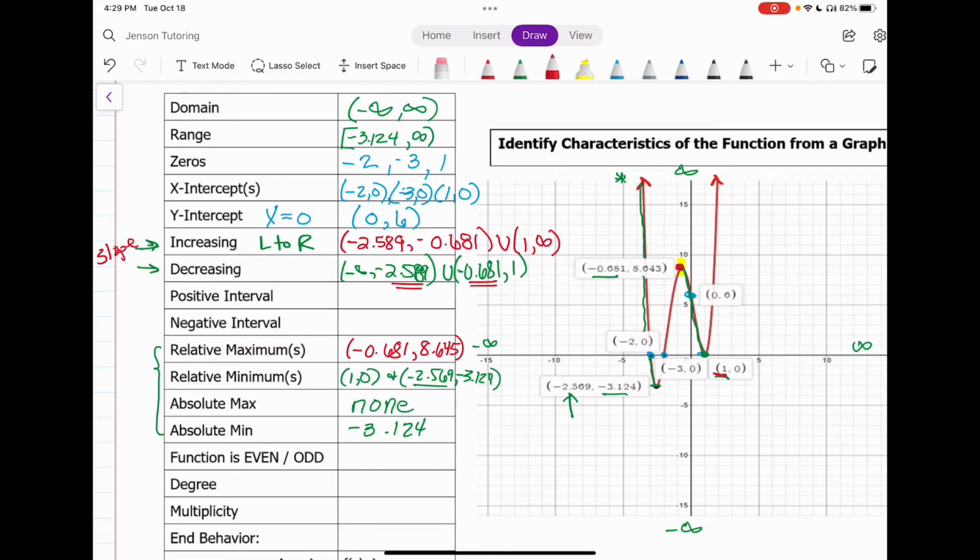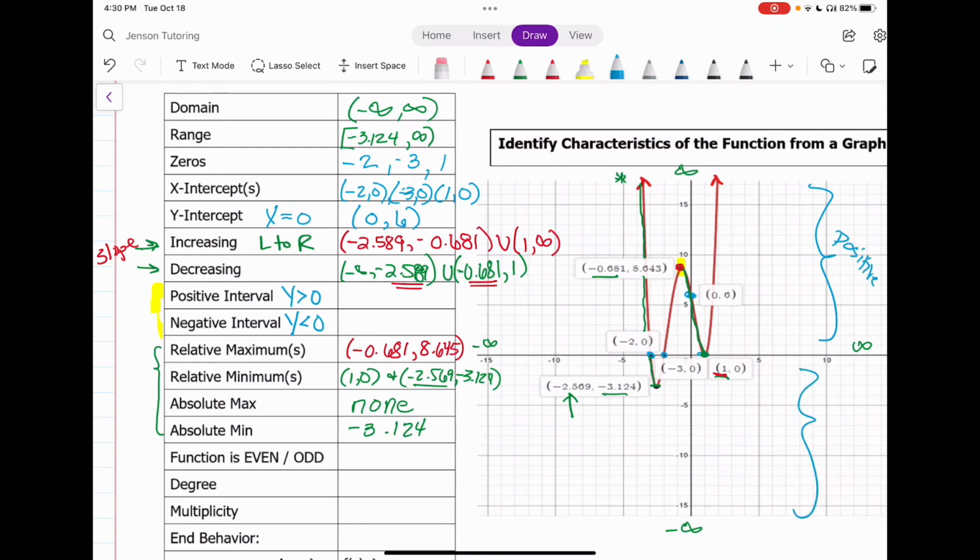All right, so then the positive interval and the negative interval, this is where y is positive. So this is where my y values are greater than 0, and where it's negative, where y is less than 0. So anything that's above the x-axis is positive, the function is positive.